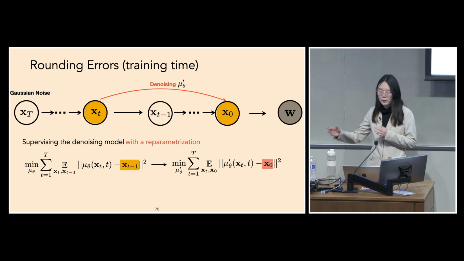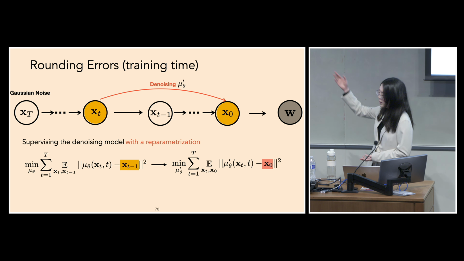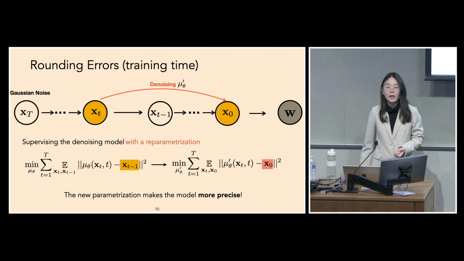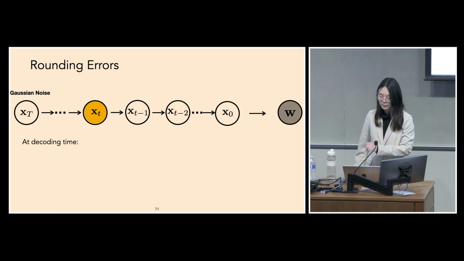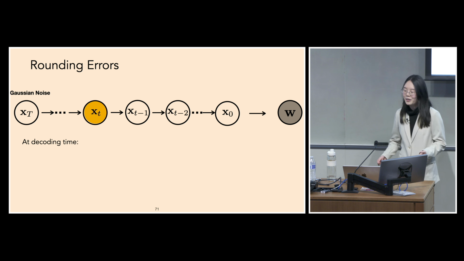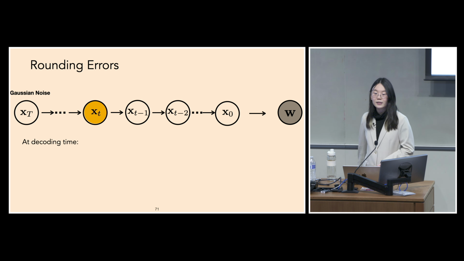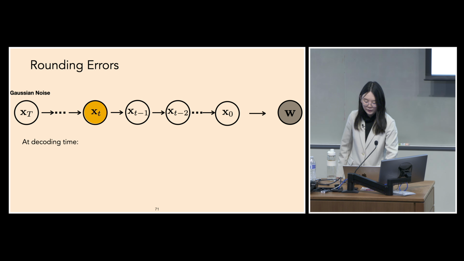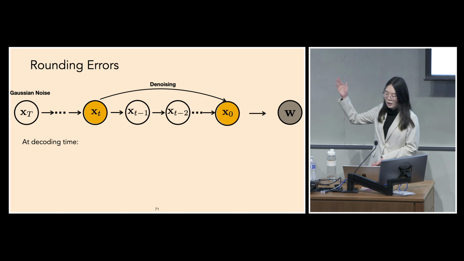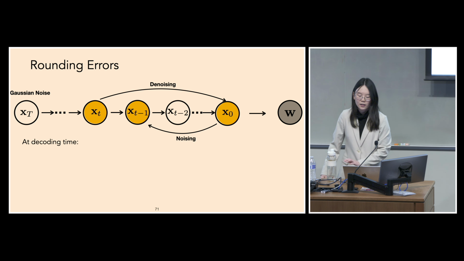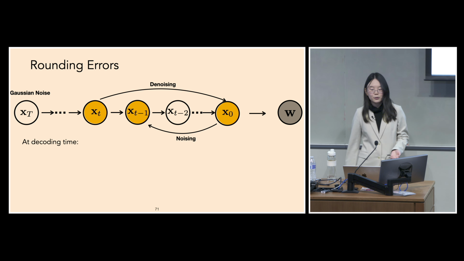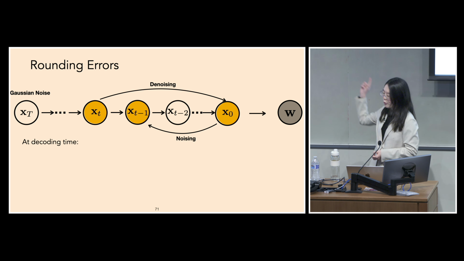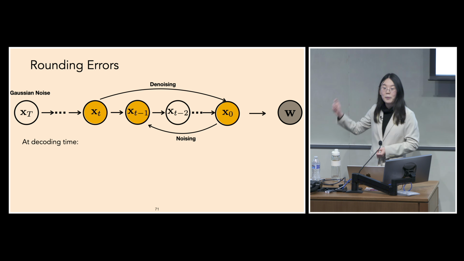This ensures the output space is always aligned with the word embedding. And as a result, training becomes easier and prediction becomes more precise. With this reparameterization, we also need to adjust the decoding steps in order to preserve the iterative refinement structure of diffusion. So after predicting x naught from xt, we will add back the proper amount of noise to reconstruct xt minus 1. So this effectively implements a one-step transition from xt to xt minus 1.